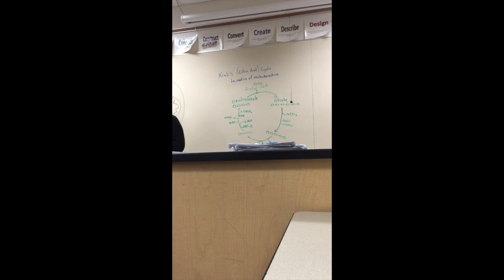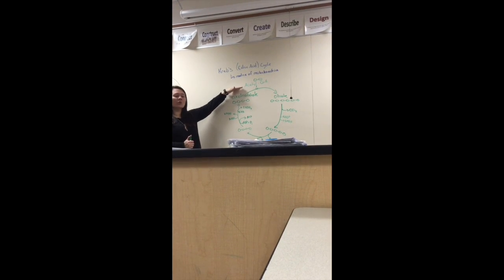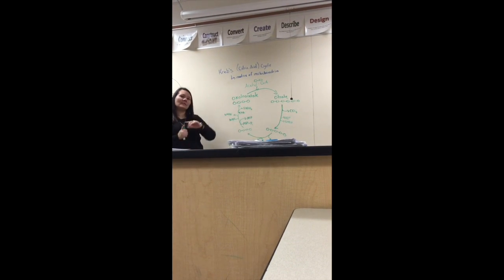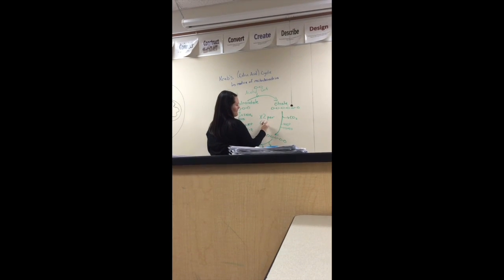Now, how many acetyls did we have per glucose? How many acetyl-CoAs did we produce per glucose? 2. So how many times does the citric acid or Krebs cycle happen per glucose? 2.